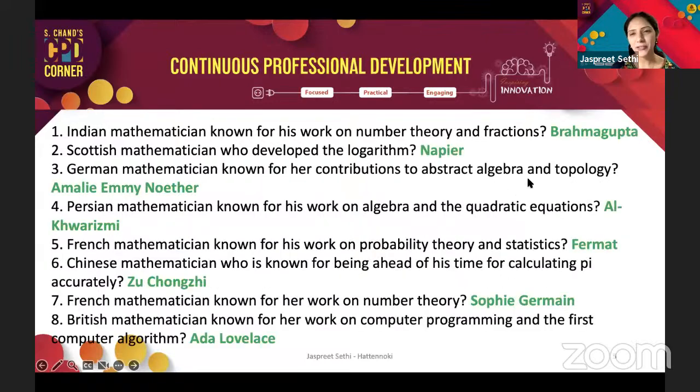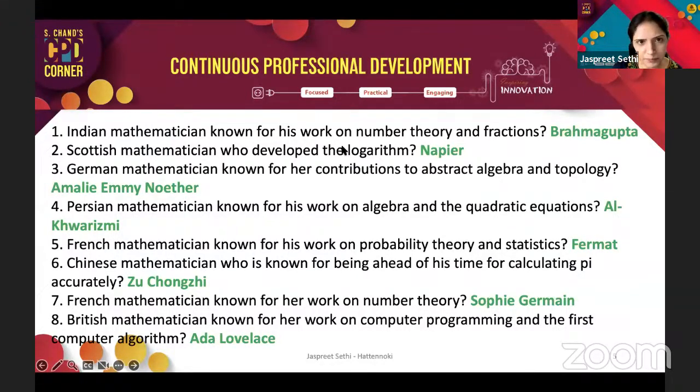These are my solutions, my answers. The first mathematician, known for his work on number theory and fractions, is actually Brahmagupta. And the Scottish mathematician, I think I got a couple of right answers for 2. And I think Sophie Germain also, I think Ada Lovelace. Now I'm getting some of these responses right.